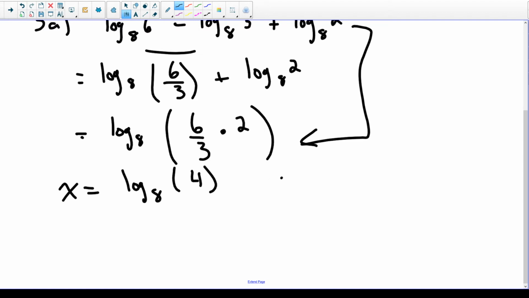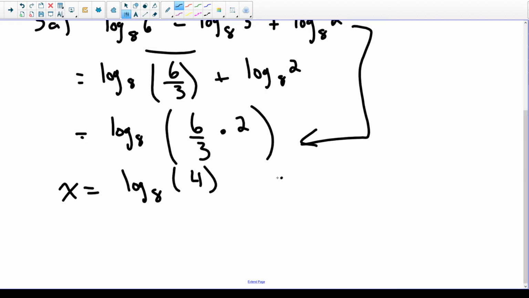Okay, I'm going to show the change of base method. If you can explain to me what I'm missing. Interesting.